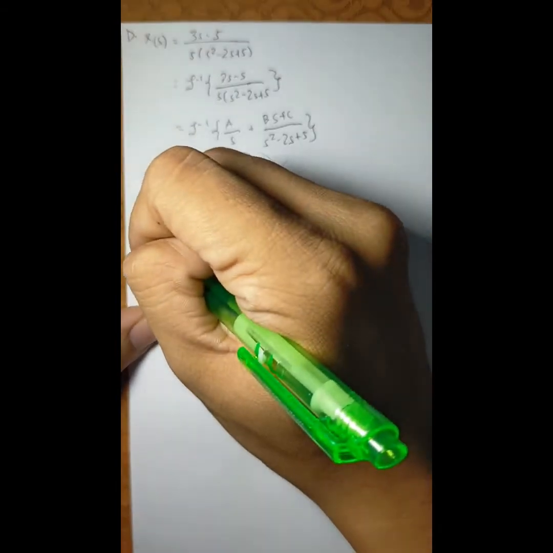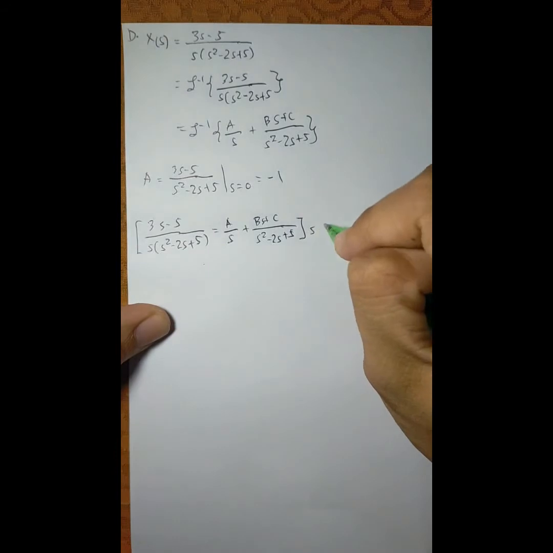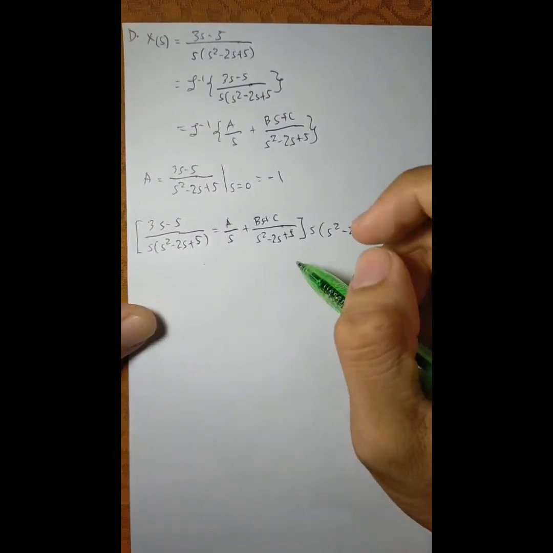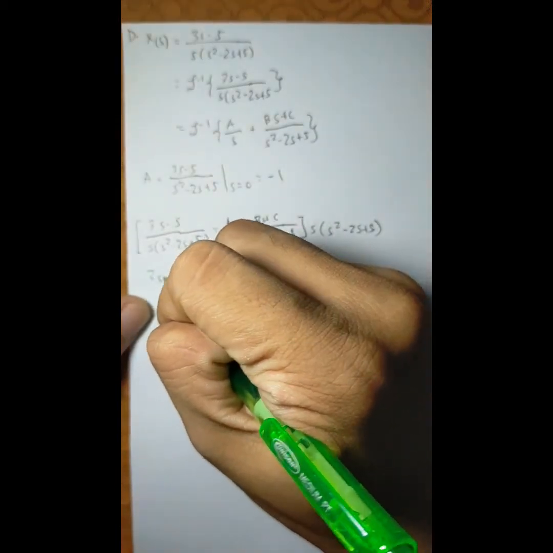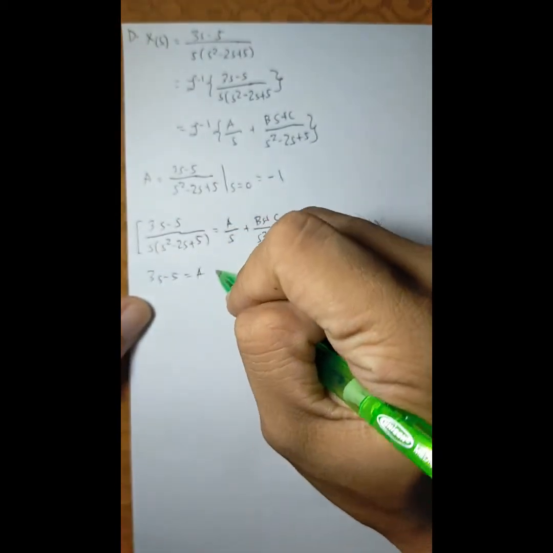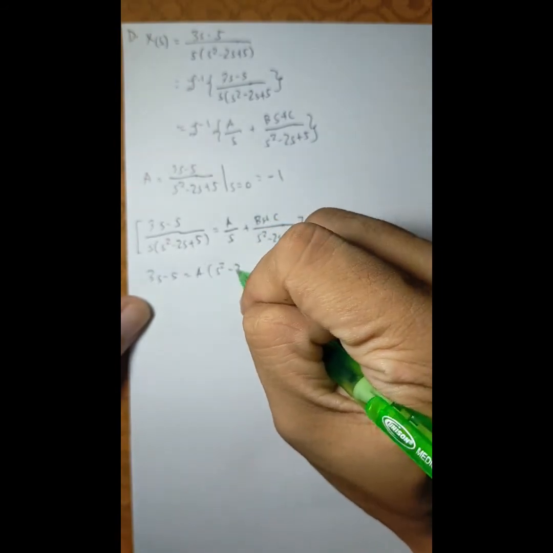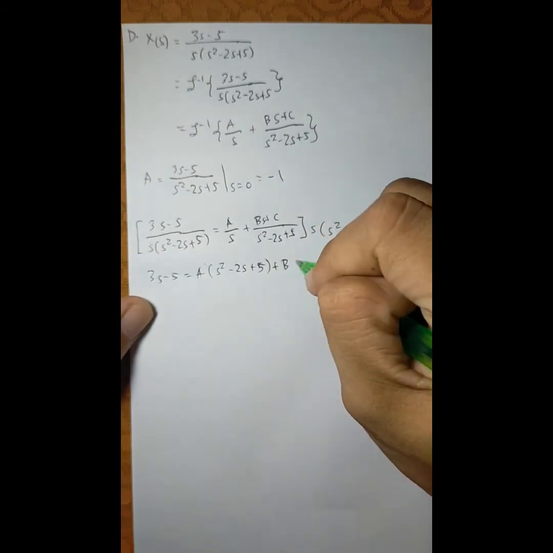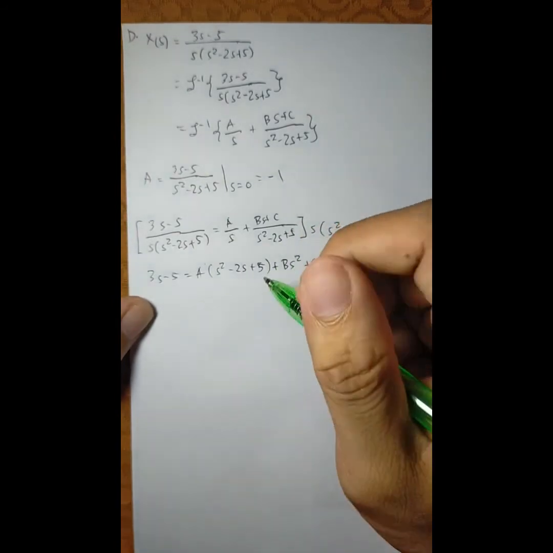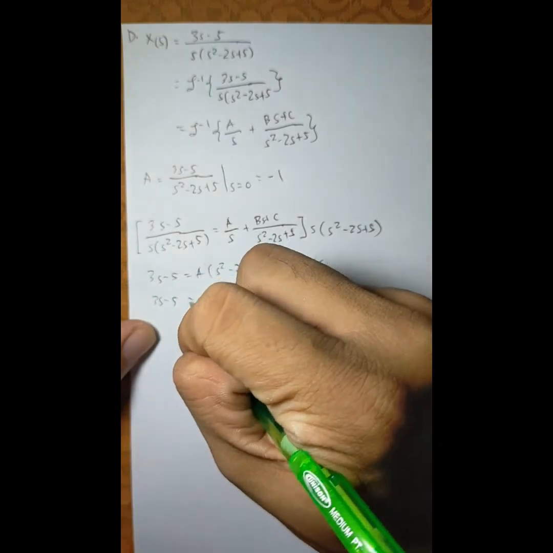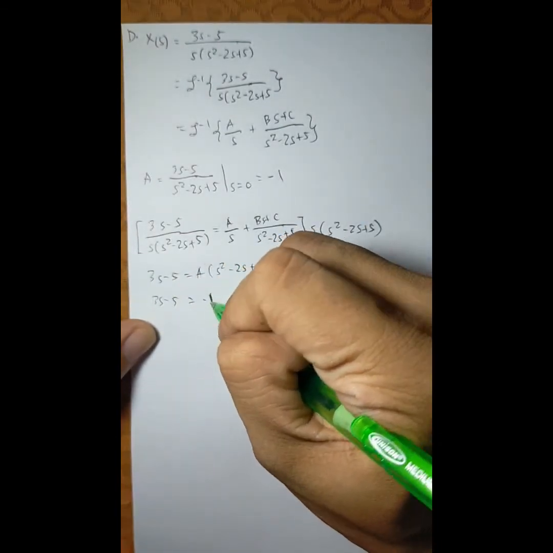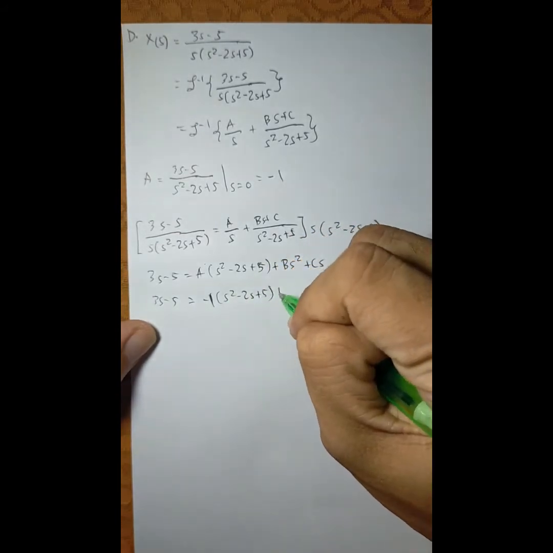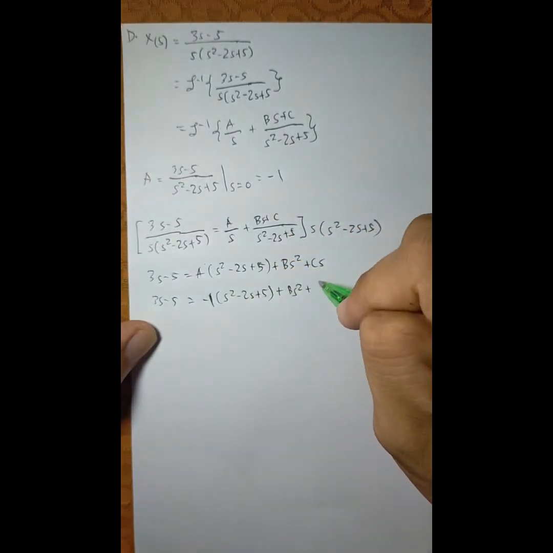And we will multiply this by our denominator, which is s times s squared minus 2s plus 5, and we have 3s minus 5 equal to A times s squared minus 2s plus 5 plus Bs squared plus Cs. So we have 3s minus 5 equal to, with A being negative 1, negative 1 times s squared minus 2s plus 5 plus Bs squared plus Cs.